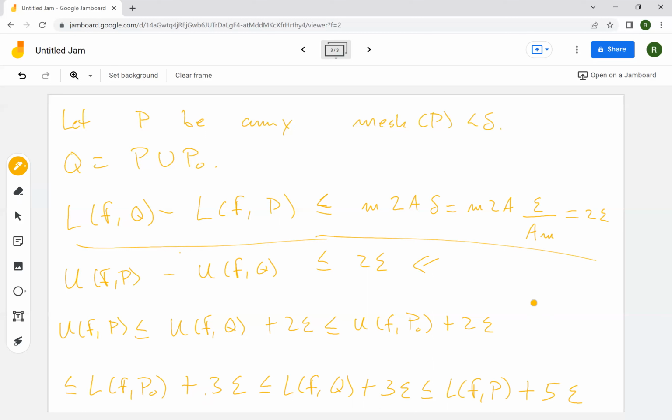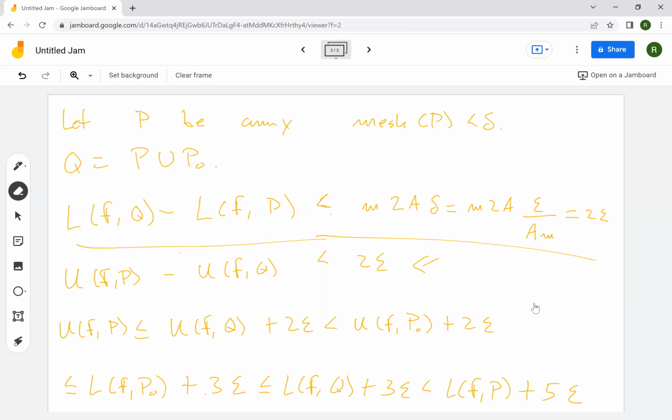And actually, these inequalities are less than here, not less than or equal to. So this one is less than, and that one's less than. At any rate, U of FP is less than L of FP plus 5 epsilon, which is what I said I was going to show.